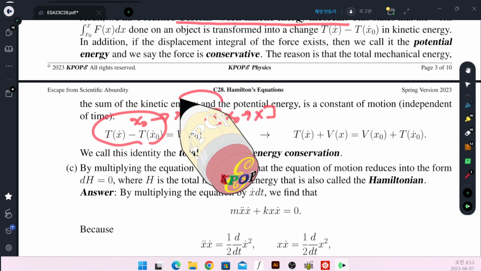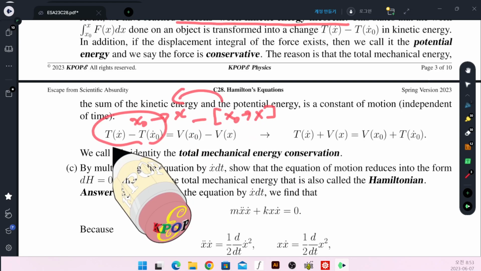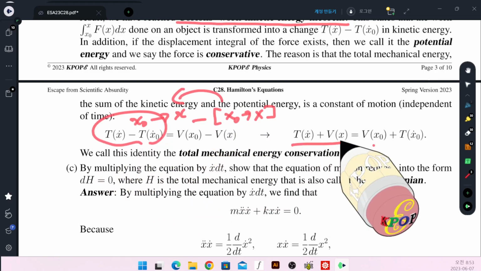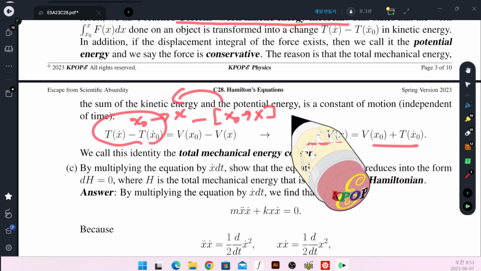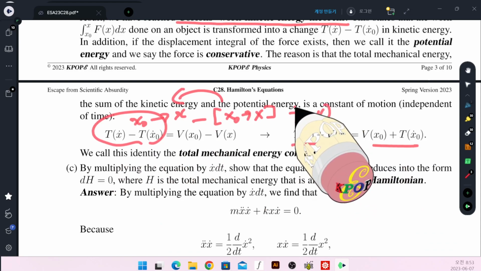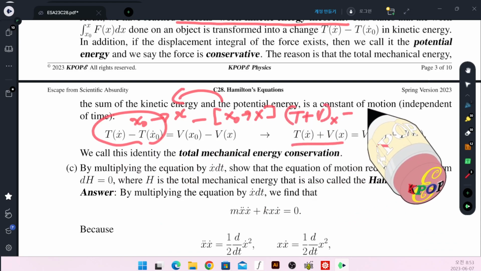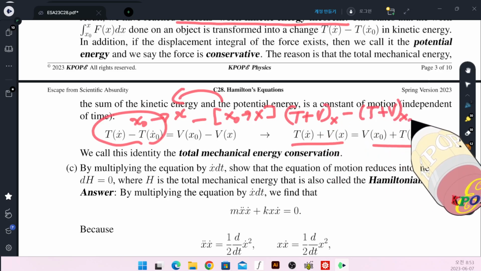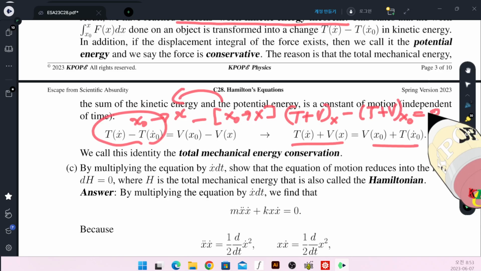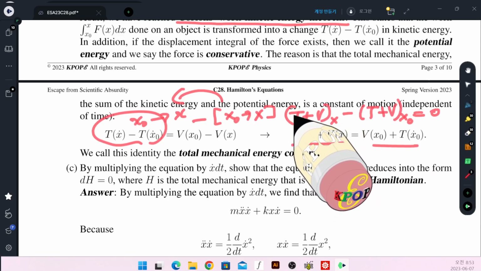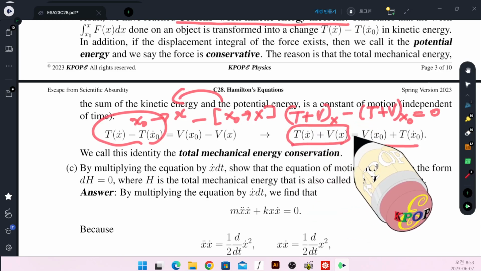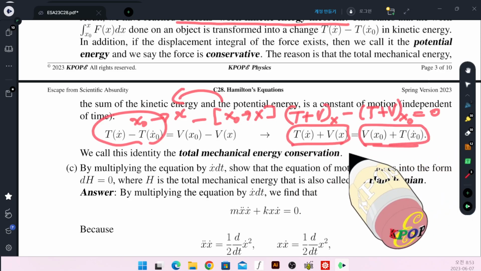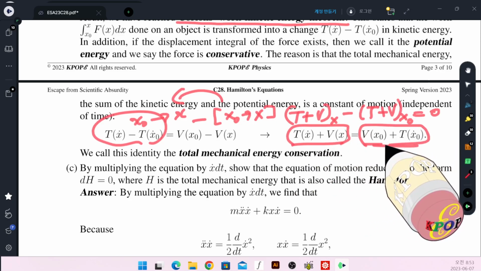So if I move this one to the left-hand side, the difference becomes T plus V evaluated at x subtracted by T plus V evaluated at x0 equals 0. That means the sum of the kinetic energy and potential energy is conserved.